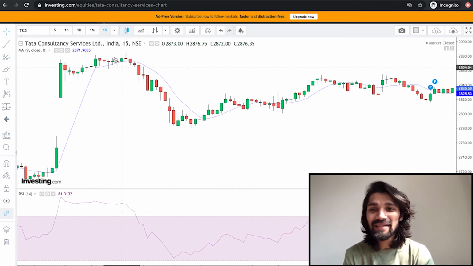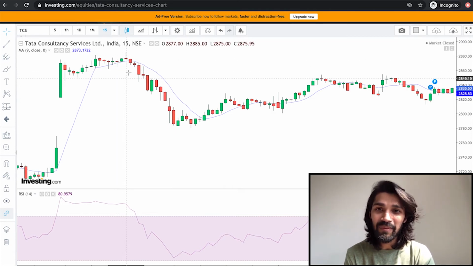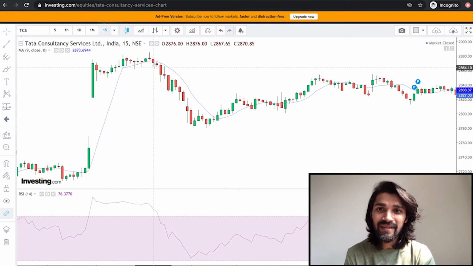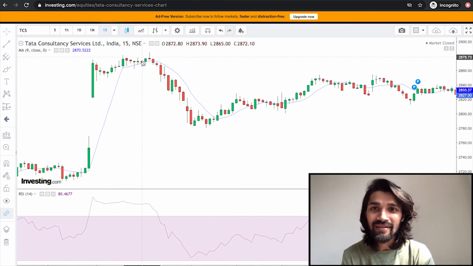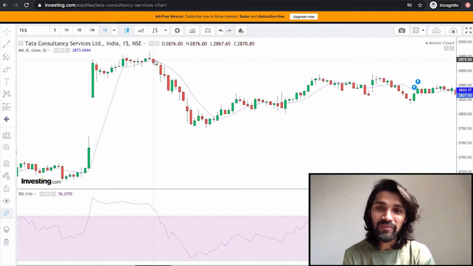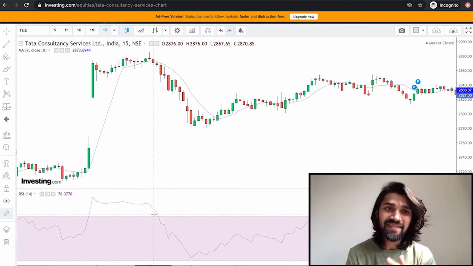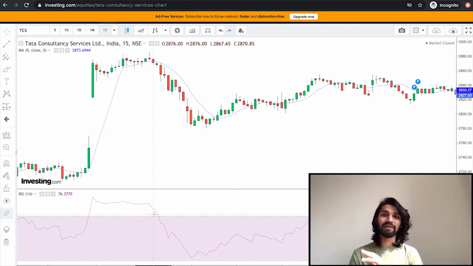So anyway, this would probably be a very good trade because you have a very clear rejection over here, and it is a very clear evening star, and the price has gone below the moving average line. That means there's a downtrend coming up, and it also shows that the price is at an overbought level, so it is very evident that the price is going to fall down.